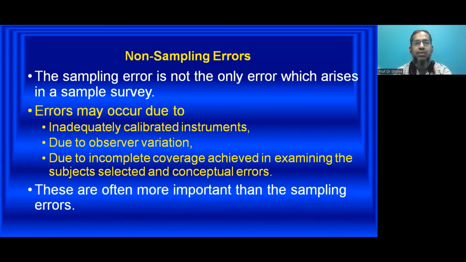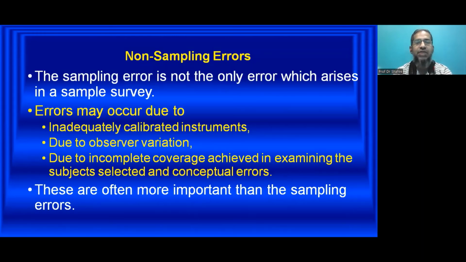Non-sampling errors means it is not because of the sampling, but because of some other reason. Errors may be due to inadequately calibrated instruments. Say you are using a sphygmomanometer for recording blood pressure, but it is a faulty instrument. It is not calibrated, it is not a standard one. Then you will get wrong readings.